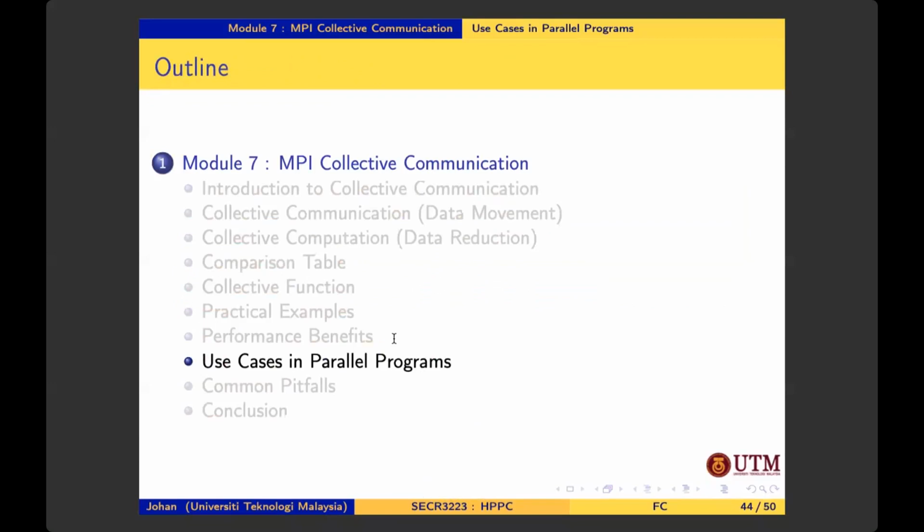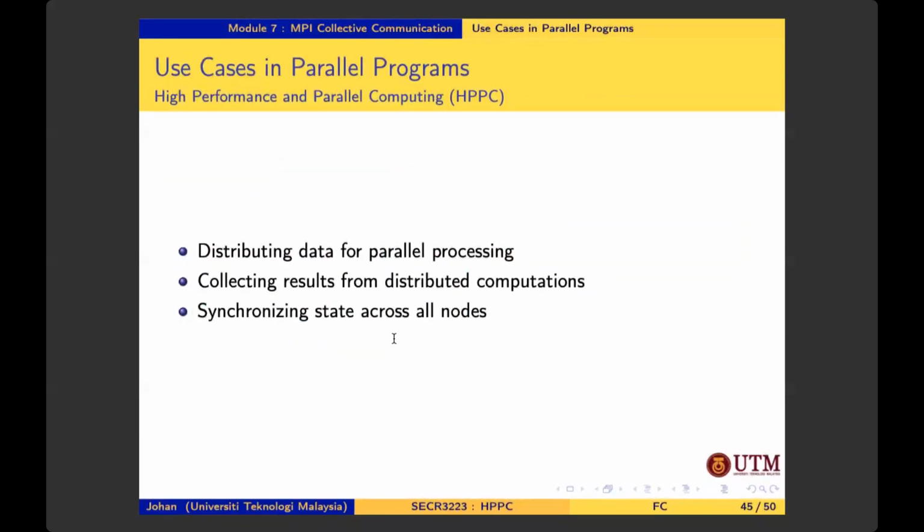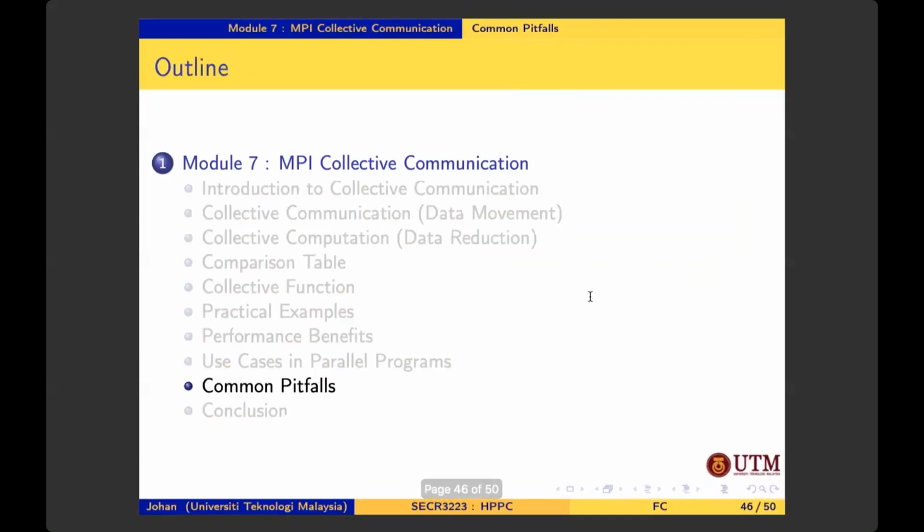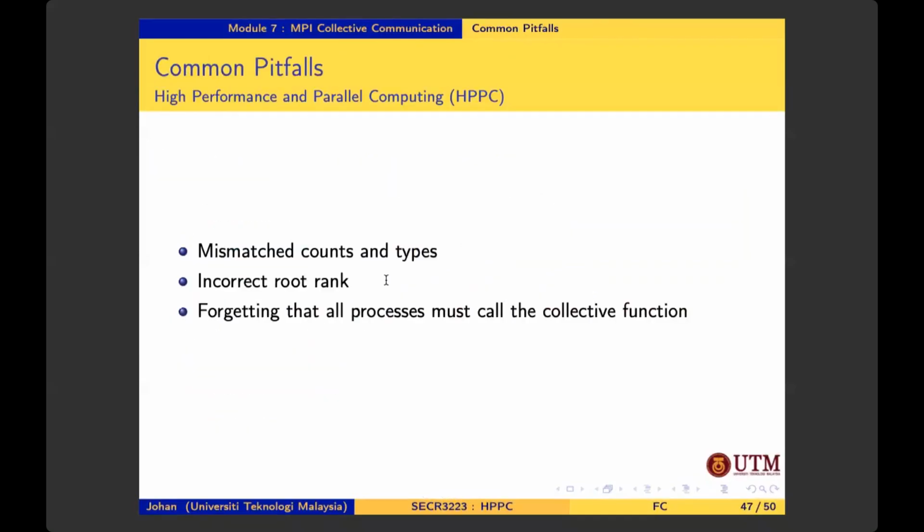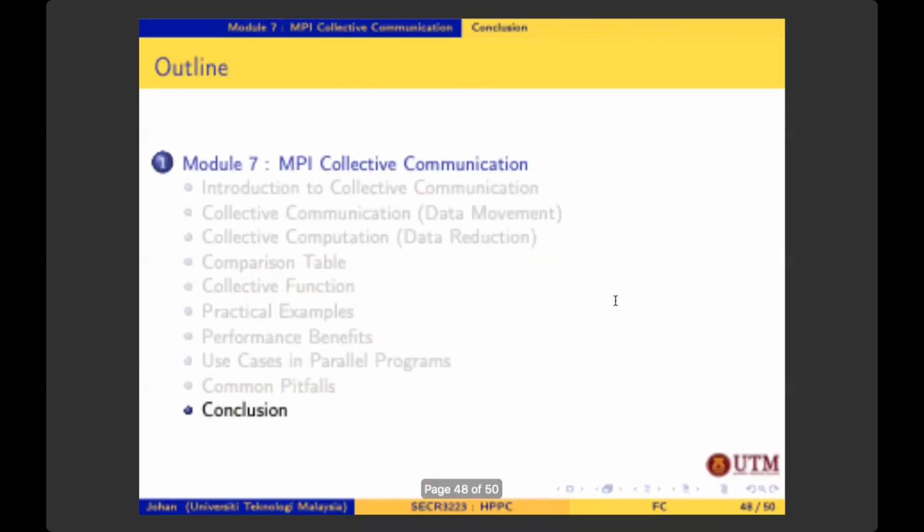Next, use cases in parallel programs: distributing data for parallel processing, collecting results from distributed computation, and synchronizing data across all the nodes. Common pitfalls: mismatched count and type, incorrect root rank, and finally forgetting that all processes must call the collective function.